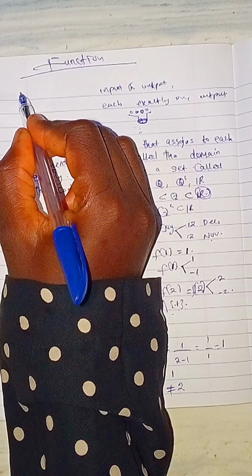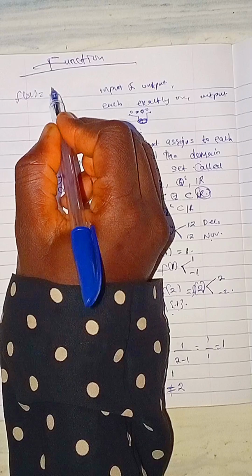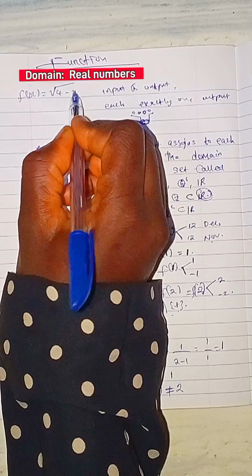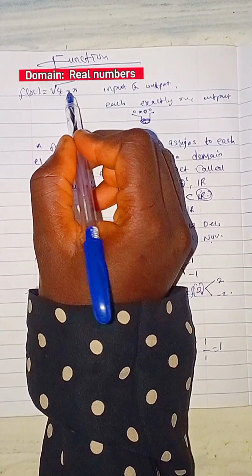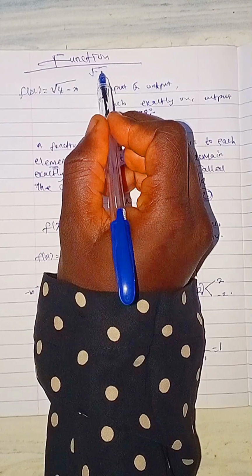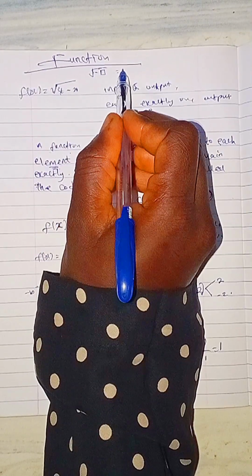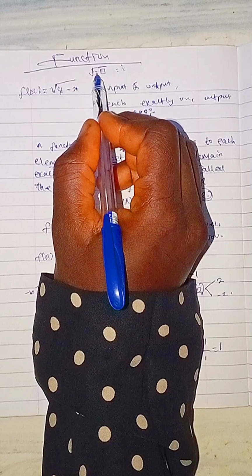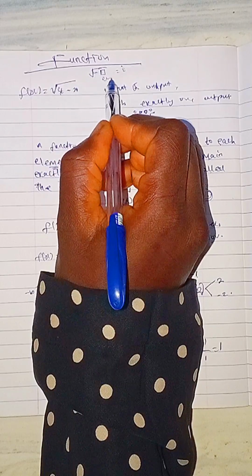Another example is when f of x is equal to the square root of 4 minus x. The square root of a negative number will give a complex number in mathematics. But if you press it in a calculator, it will show an error.